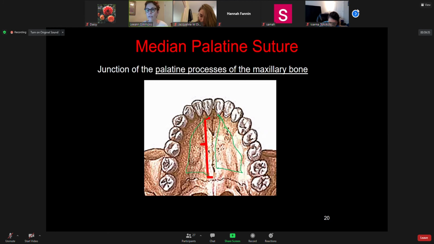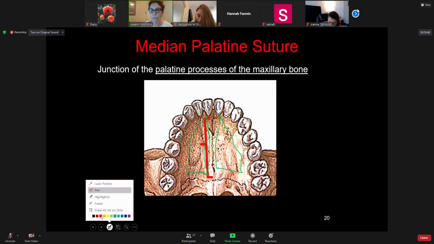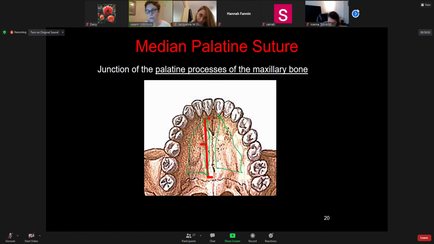These are the palatine processes of the maxillary bone. And they join in the midline at a suture called the median palatine suture, which is indicated by that red bracket, but you can see it's right here, the median palatine suture.